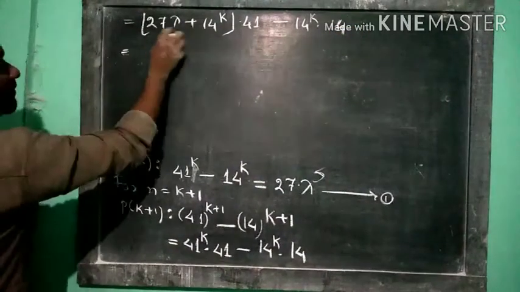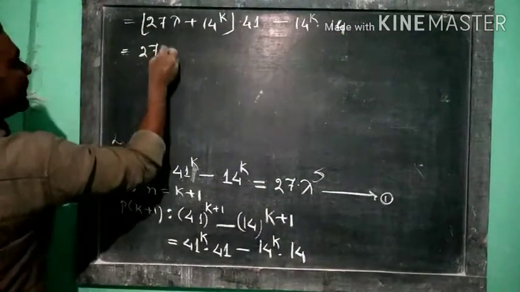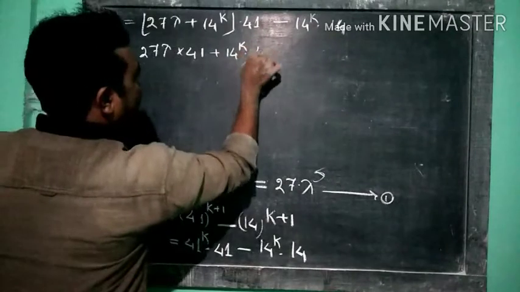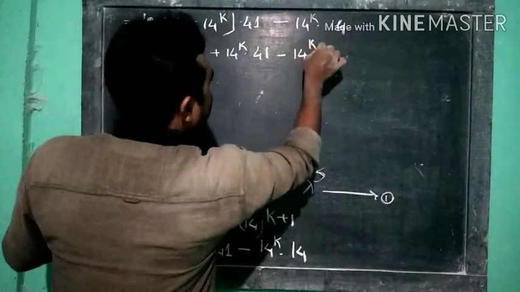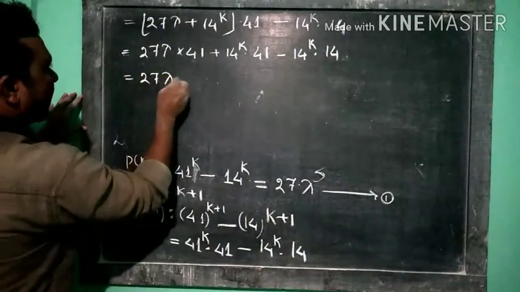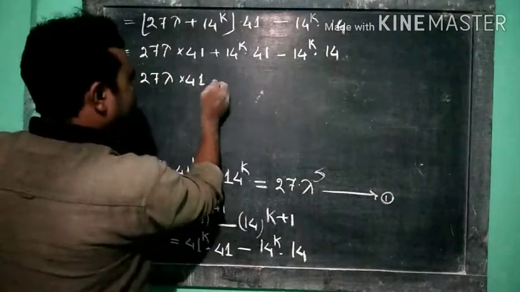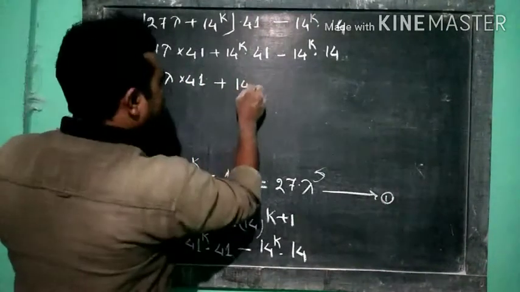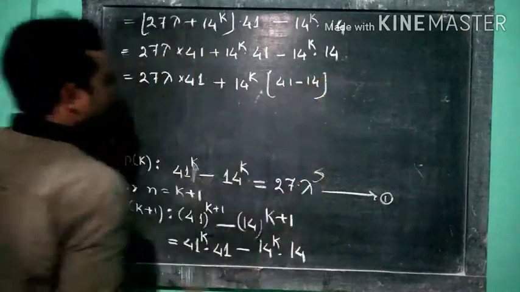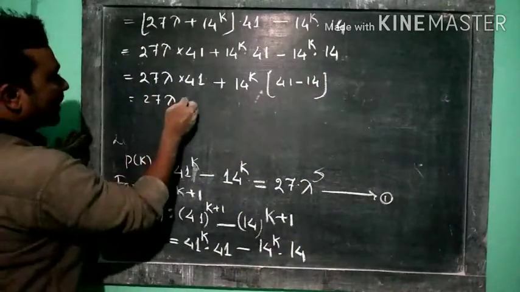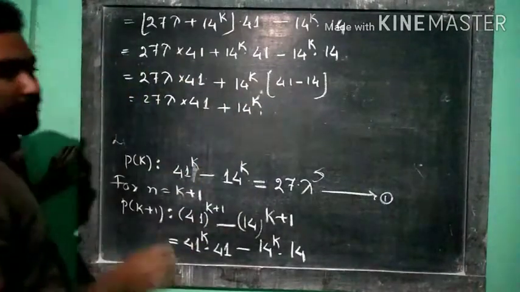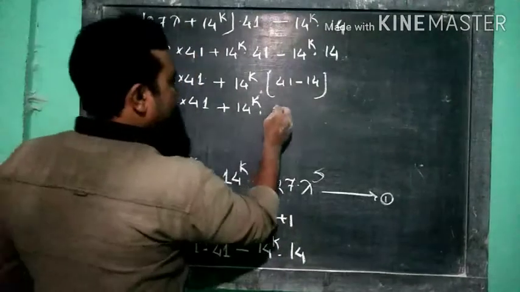If we multiply, we get 27 lambda into 41 plus 14 to the power k into 41 minus 14 to the power k into 14. Taking common 14 to the power k, we have 41 minus 14, which is 27. So this is equal to 27 lambda into 41 plus 14 to the power k into 27.